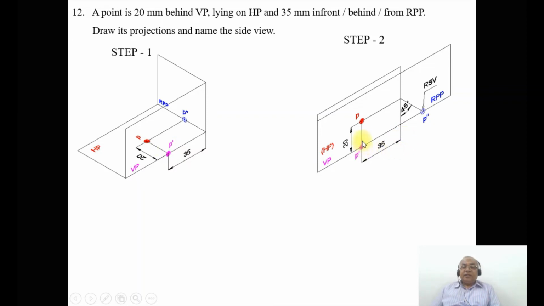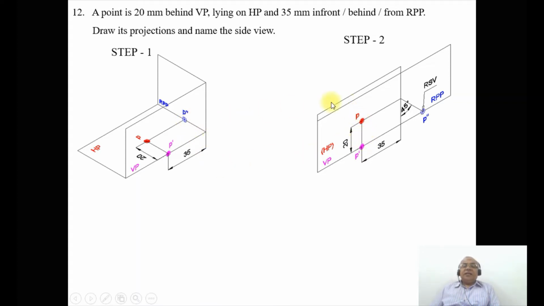So from here you measure 20 mm and mark this point small p. As we see in this right side view, the distance with respect to HP and also the distance with respect to VP can be seen. When you look from the right side view, I can see the distance behind VP, which is 20 mm, seen here. Since it is lying on HP, obviously it will be on this XY line.